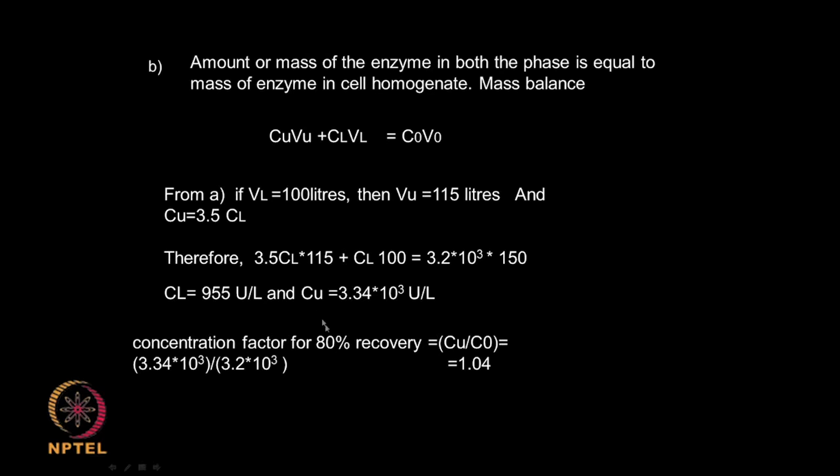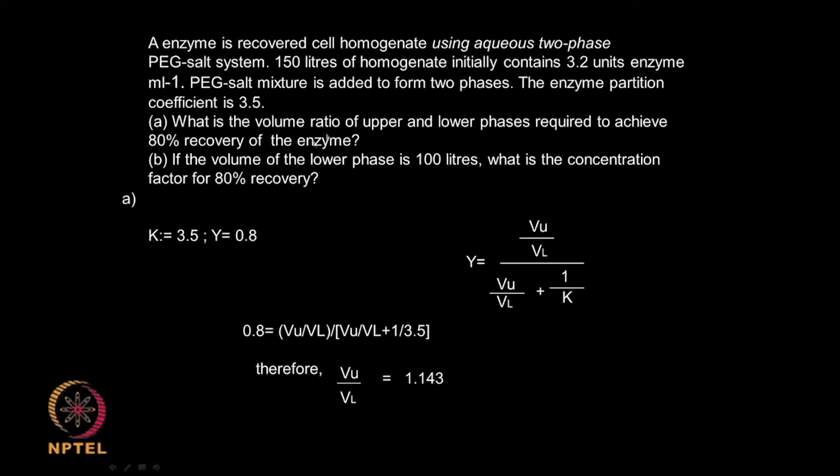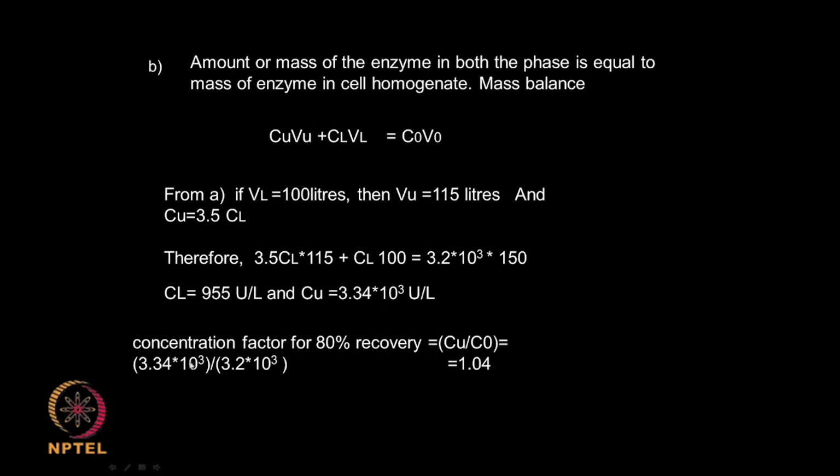Now, the concentration factor is Cu upper and C naught, okay. C naught is given as here 3.2 units. So, I substitute here, okay. So, I get a concentration factor of 1.04, that means that is the increase in the concentration of the enzyme when I extract it into the upper layer. So, it is a very useful problem to look at.